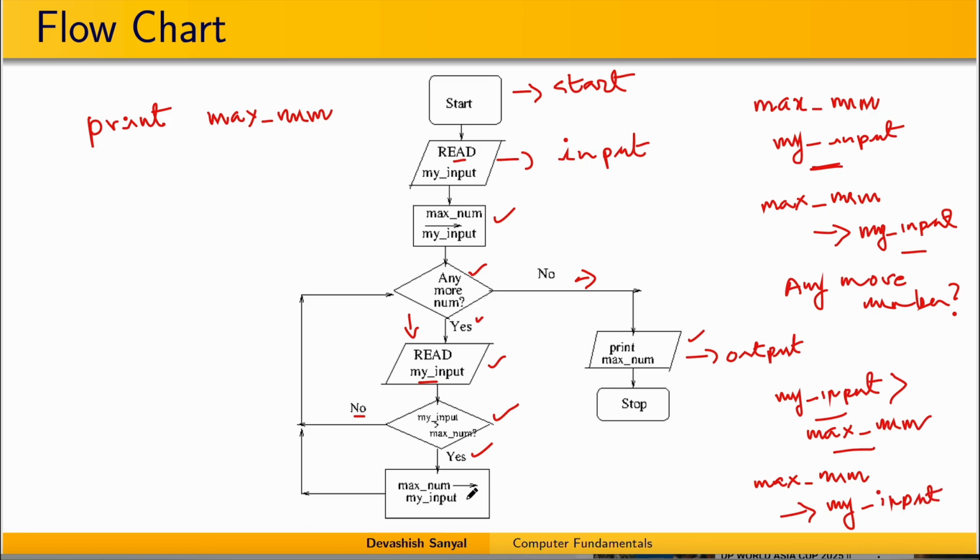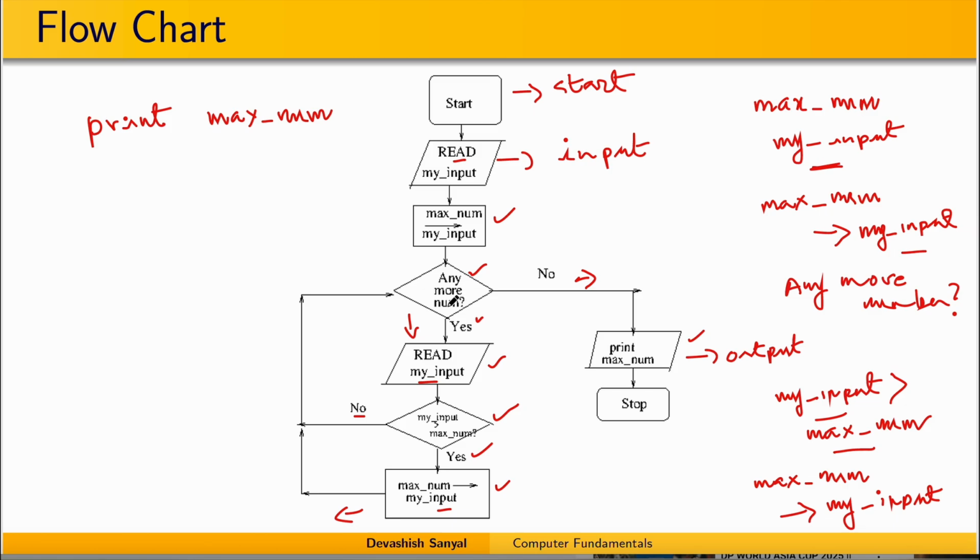That is what is written here, and this is a rectangle because it is again an arithmetic or storage operation. This is not input, since inputs are parallelograms. After this is done, we go to check whether there is any more number.